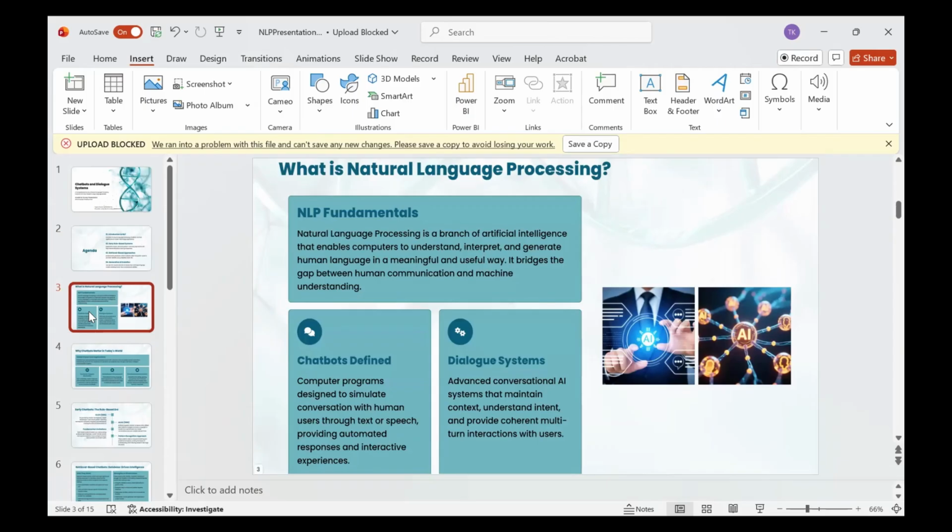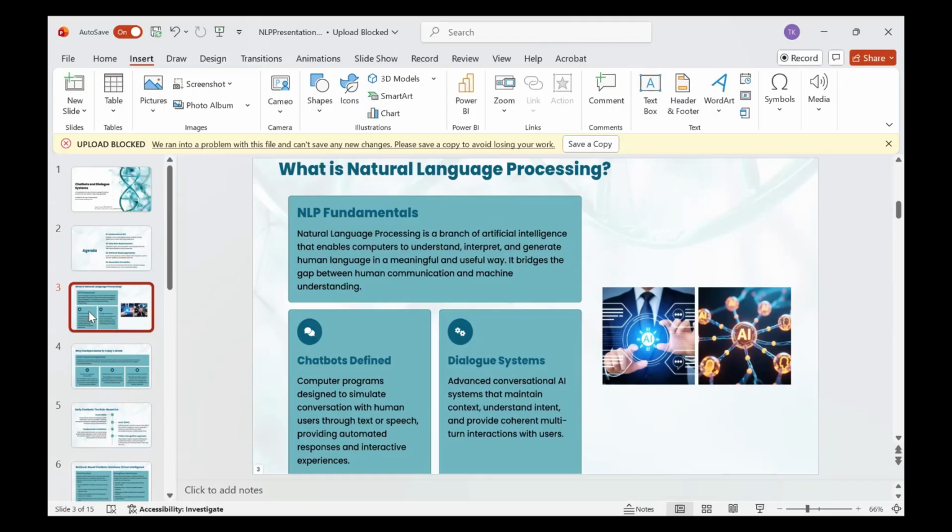So here, natural language processing, which is often referred to as NLP, is a branch of artificial intelligence focused on enabling computers to understand, interpret and generate human language. It bridges the gap between human communication and machine comprehension. Within this domain, chatbots are computer programs designed to simulate conversation with human users through either text or speech.